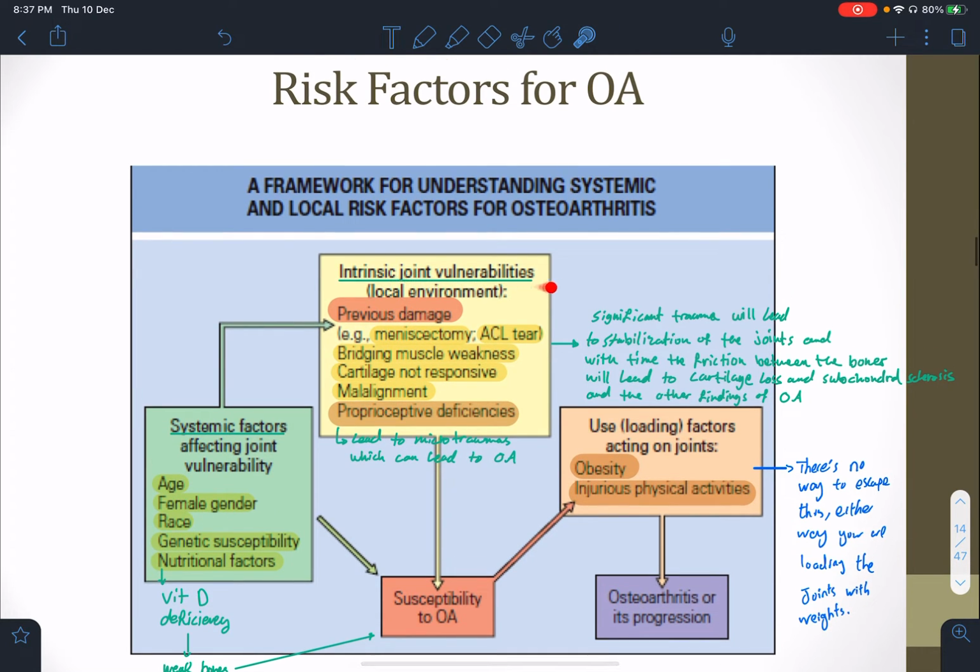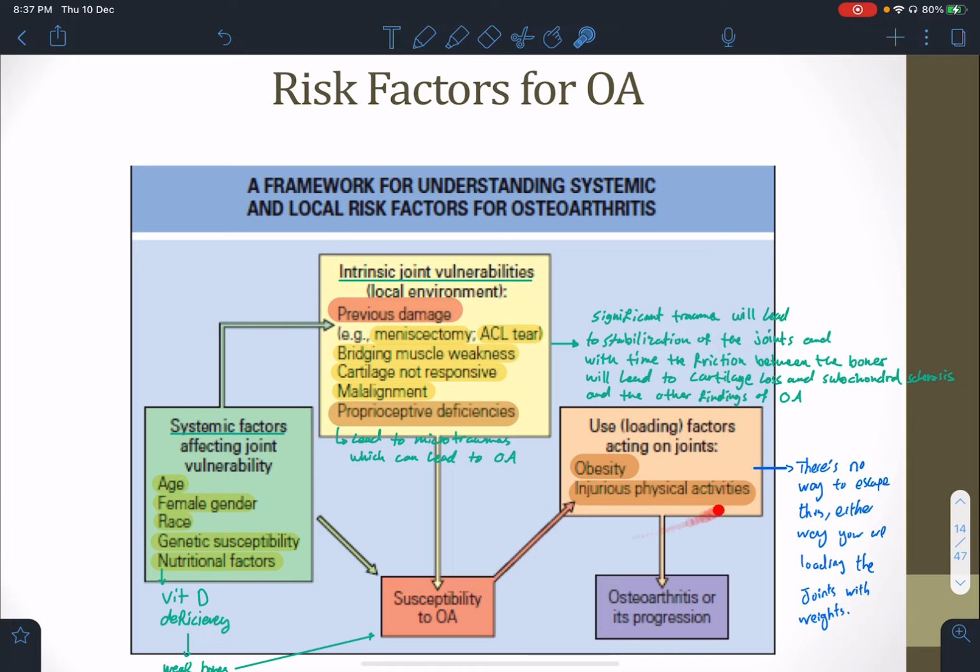And intrinsic vulnerabilities: local inflammation, previous damage, for example, if the patient had trauma like an ACL tear, cartilage not responsive, malalignment, and proprioceptive deficiencies. The patient won't be aware of his body positions, he will have micro traumas, and that can lead to susceptibility to osteoarthritis.